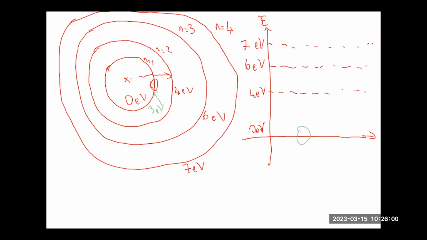But what if we give this electron 4 electron volts? Then it will jump into the second energy level. Right? Perfect.